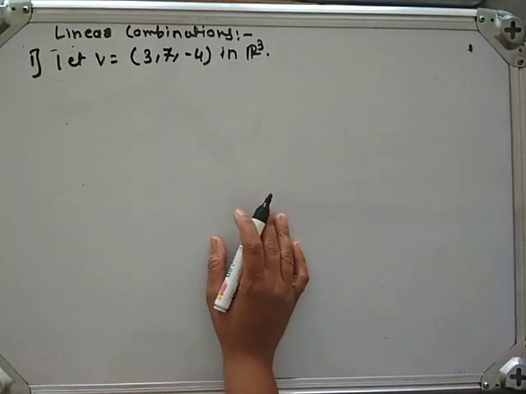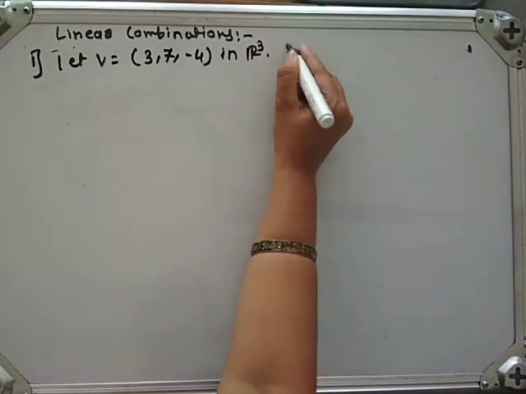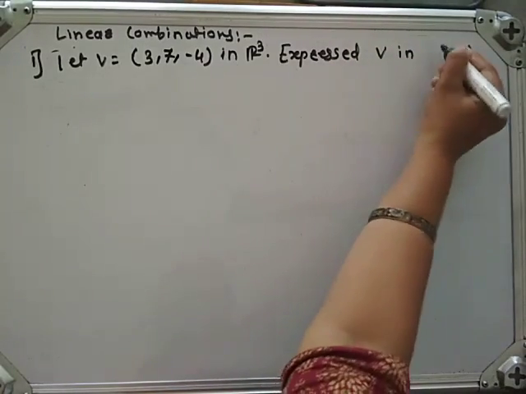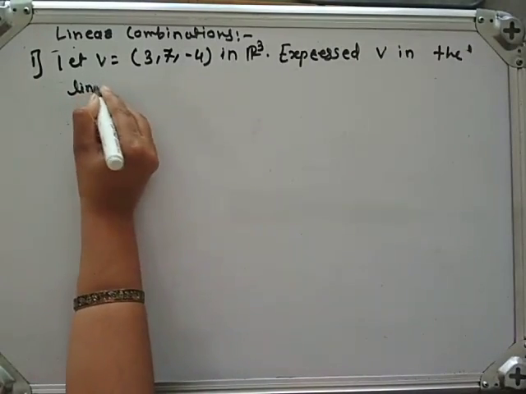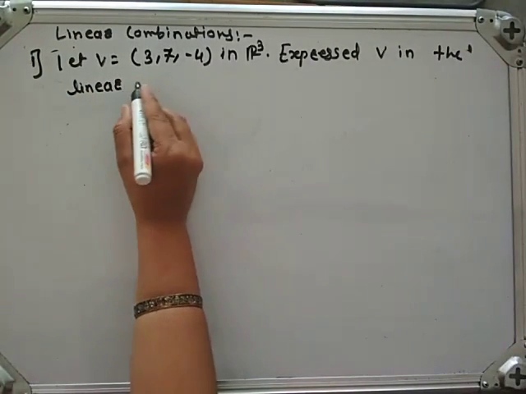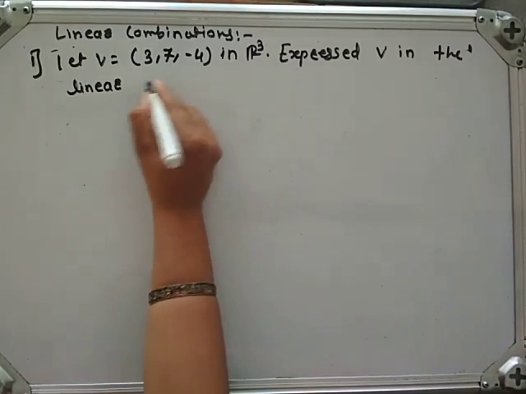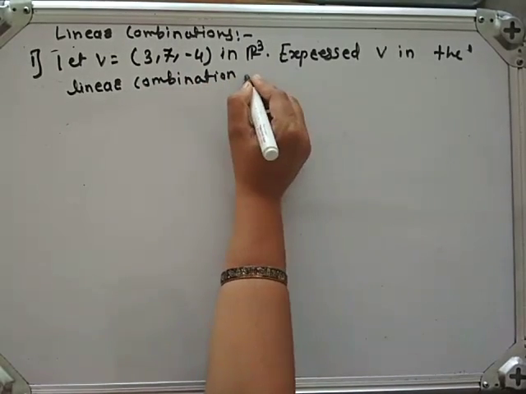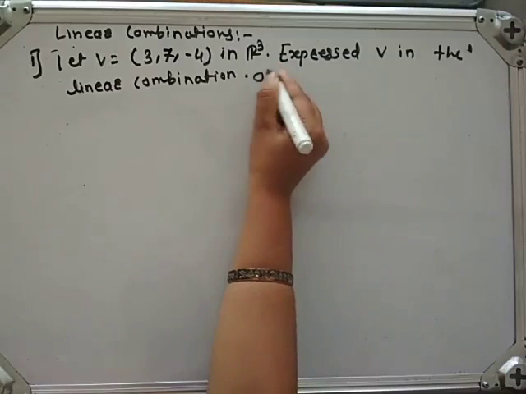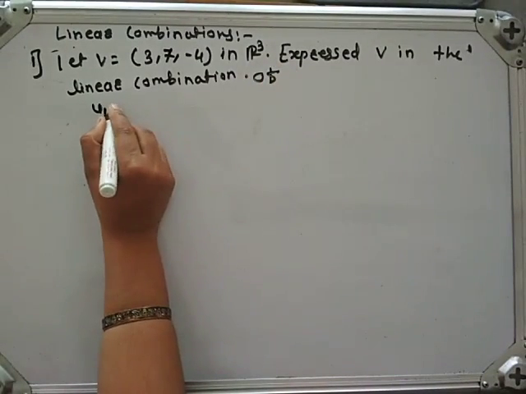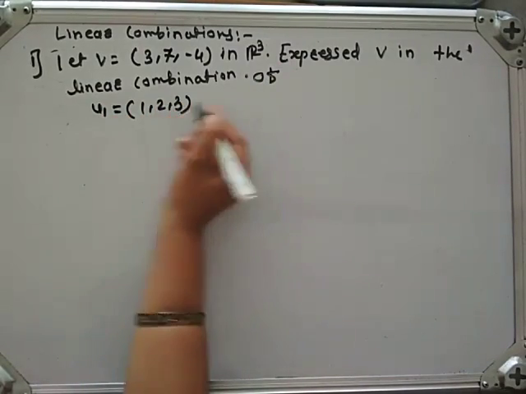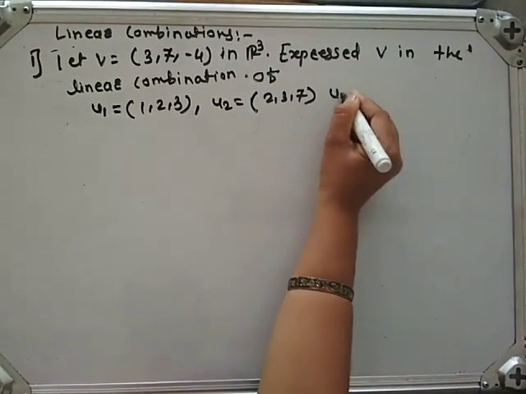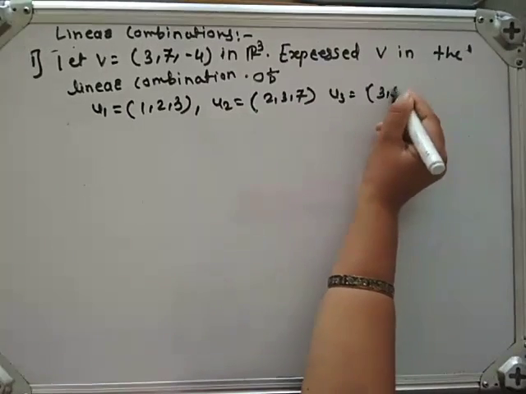Express v as a linear combination of u1 is equal to 1, 2, 3, u2 is equal to 2, 3, 7 and u3 is equal to 3, 5, 6.